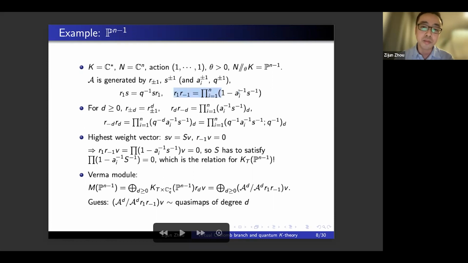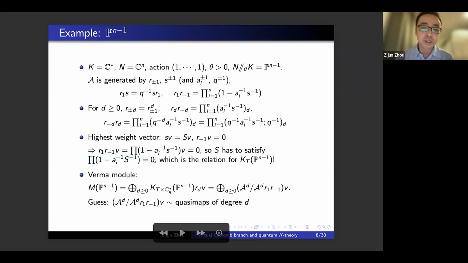But by this relation, R1 R negative 1 is this product, a Laurent polynomial of S. So you immediately get that this capital S has to satisfy this equation. Once you have this highest weight vector, then the eigenvalue of S has to be a solution of this equation.